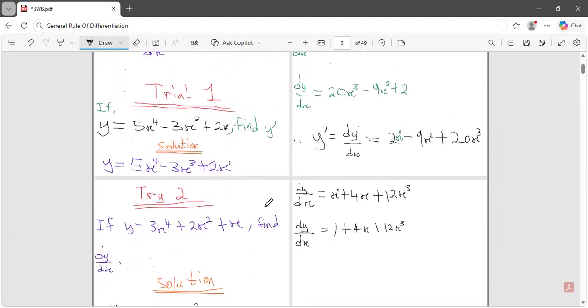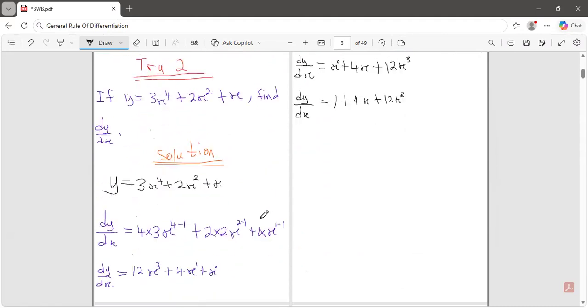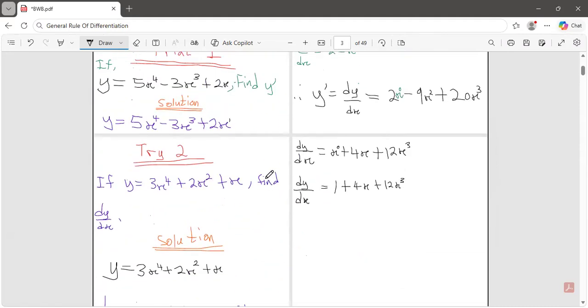Better still, let's take one more last example and see how easy it can become before we start diving deeper into more technical problems. So let's take trial 3.